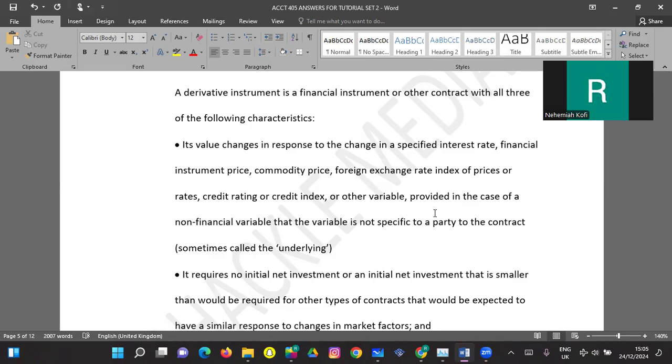Basically, it changes value anyhow, meaning it's volatile.